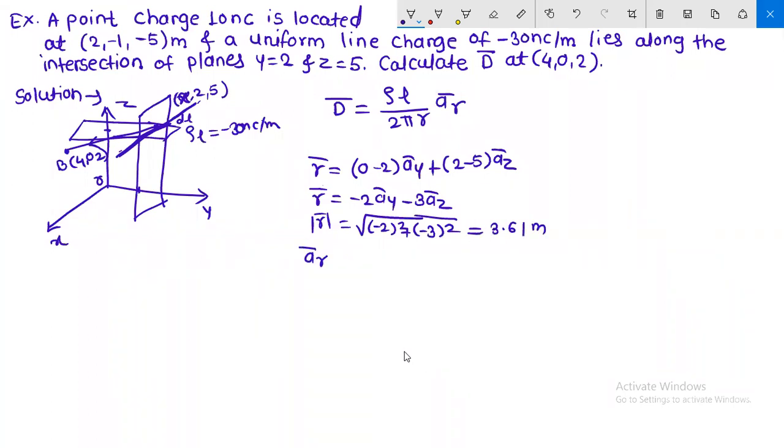Then find A bar R, which is equal to R bar divided by mod of R bar. So minus 2 A bar Y minus 3 A bar Z divided by 3.61.